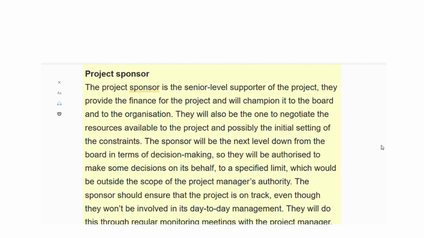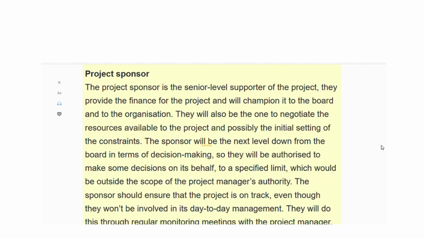Project sponsor. The project sponsor is the senior-level supporter of the project. They provide the finance for the project and will champion it to the board and to the organization. They will also be the one to negotiate the resources available to the project and possibly the initial setting of the constraints.